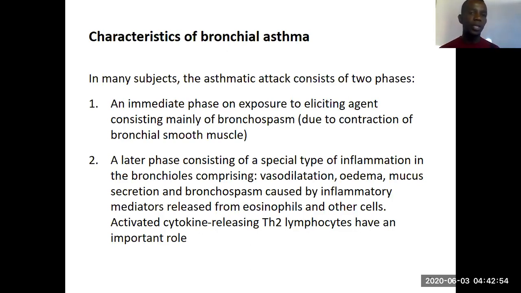When there is more of these fluids being leaked into there, we're going to have edema. Then the other thing that we're going to have is that there will be mucus secretion and bronchospasm caused by these inflammatory mediators released from eosinophils and other cells.